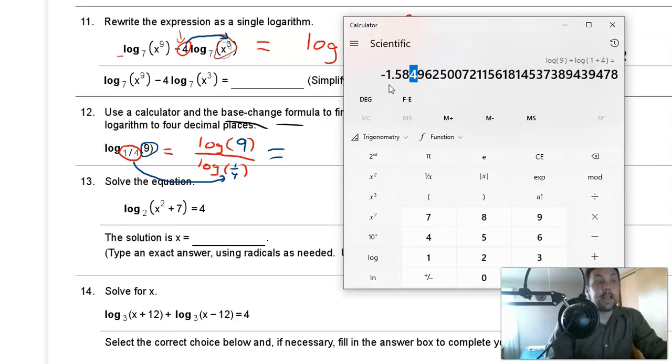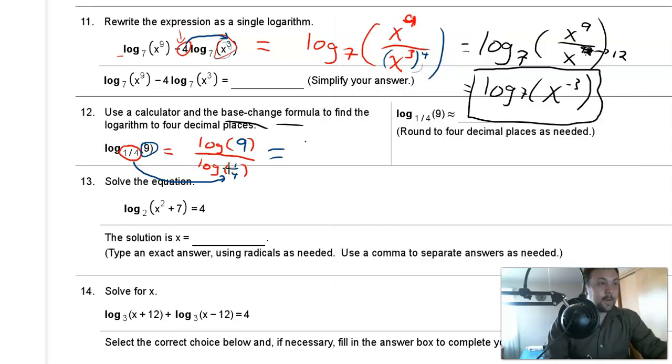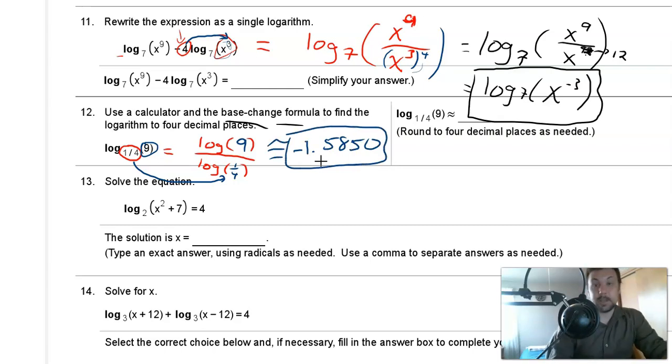So it's going to be negative 1.5850. 49 gets rounded up to 50, if you will. All right, so negative 1.5850 is what that is approximately equal to, right? That's an approximation.